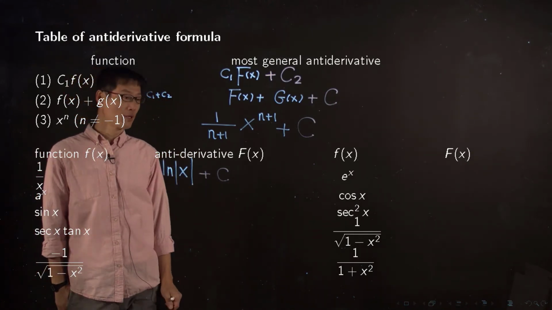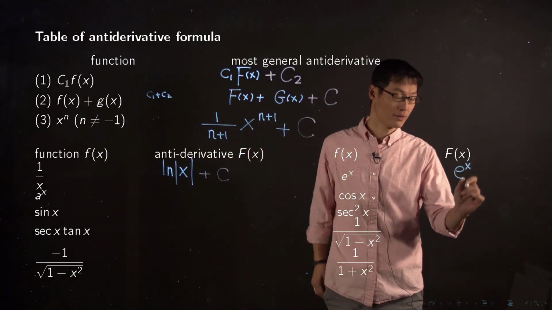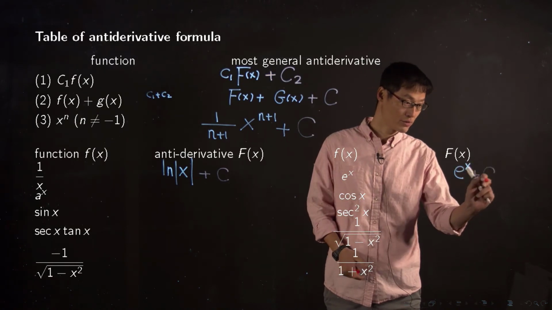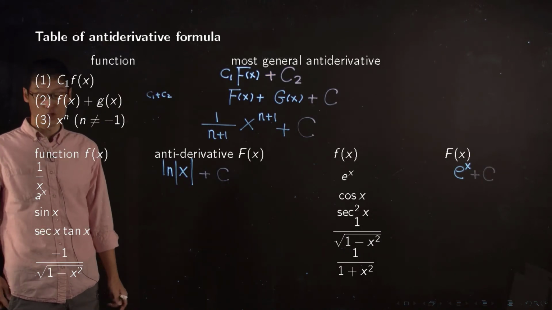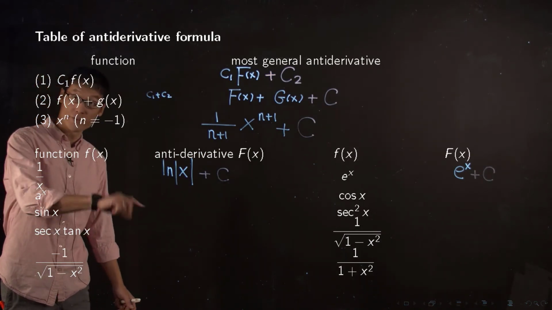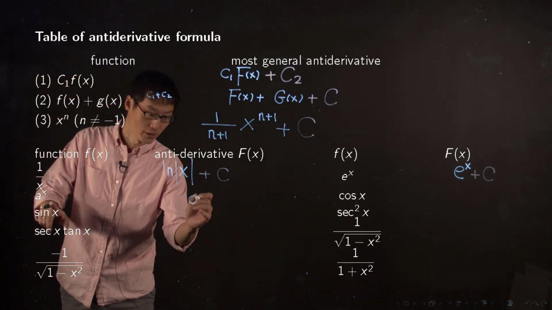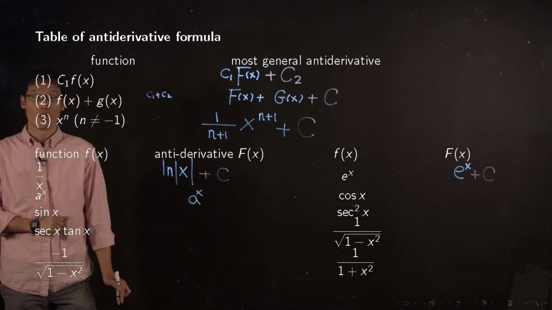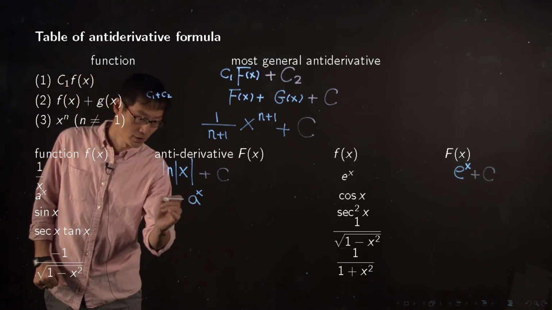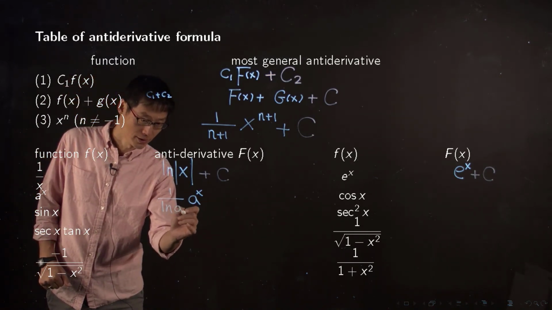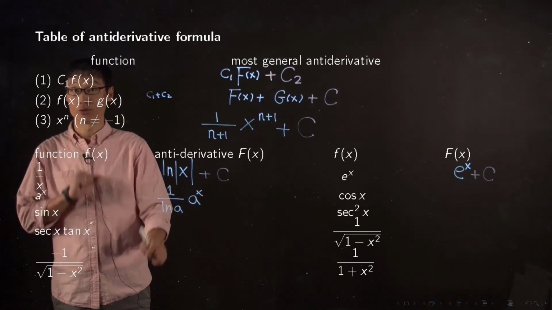e to the x has antiderivative e to the x again, because derivative of e to the x is e to the x. And a to the x, well, exponential function has derivative a to the x again up to some coefficient. When you take derivative of a to the x, you will need ln a. That's why you want to put ln a in the denominator, and then you will have canceling to get back to a to the x.